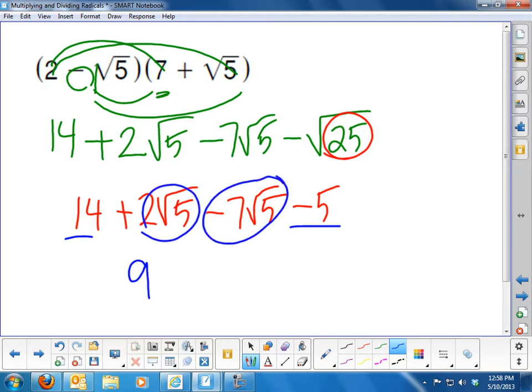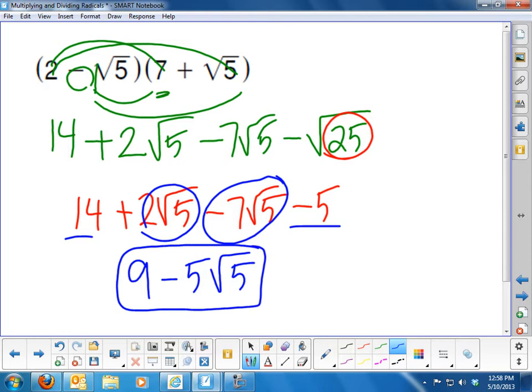Here we're pulling in our adding and subtracting rules. Those have the same number under the square root symbol, so I combine their coefficients. 2 minus 7 is negative 5 square root of 5. Remember to keep what's inside the square root the same.